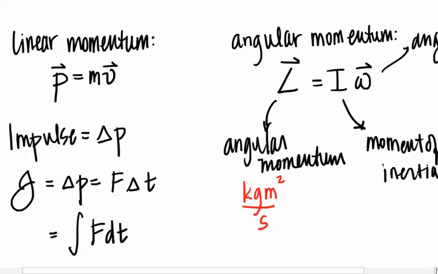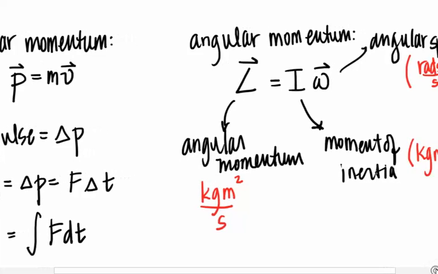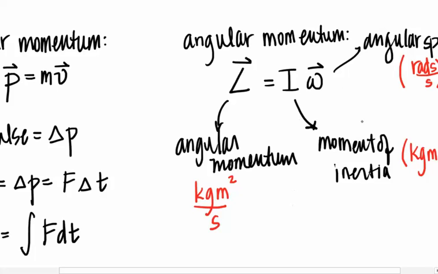So if we apply a torque to this system right here, we can get a change in angular momentum. And what could change? Just the angular speed? Oh my goodness, couldn't you change the moment of inertia and therefore the speed changes? So this is where it gets kind of crazy.